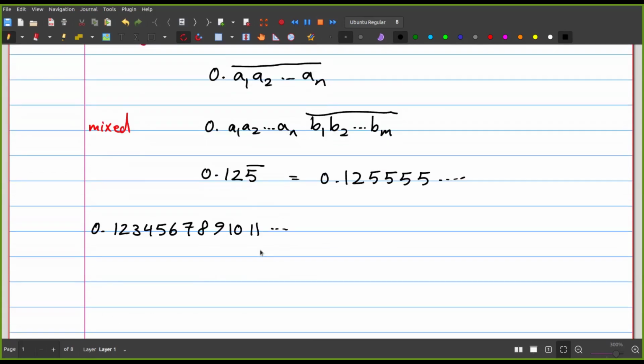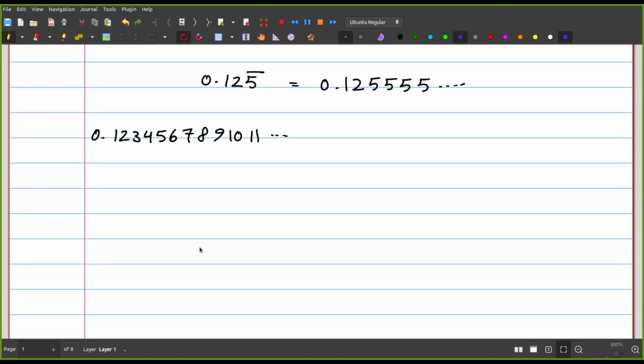And I want to say that these decimal expansions correspond exactly to the set of rational numbers. And of course, again, I'm looking at the numbers between 0 and 1, so I would only look at rational numbers between 0 and 1. So I'm going to prove two theorems. This is my first theorem.